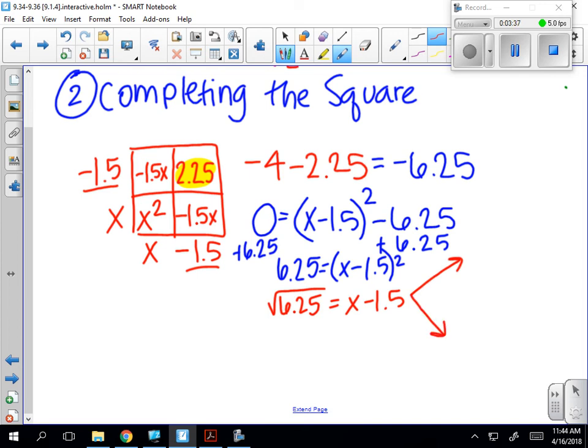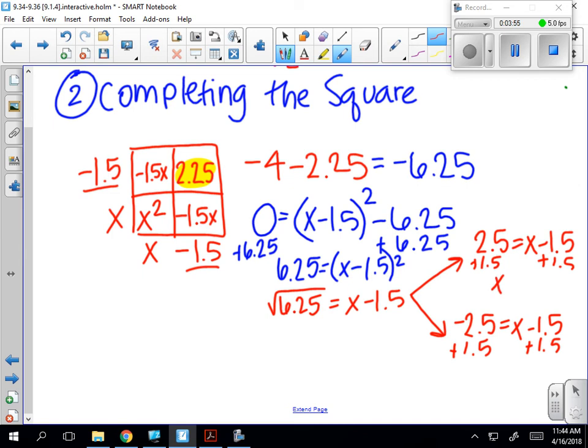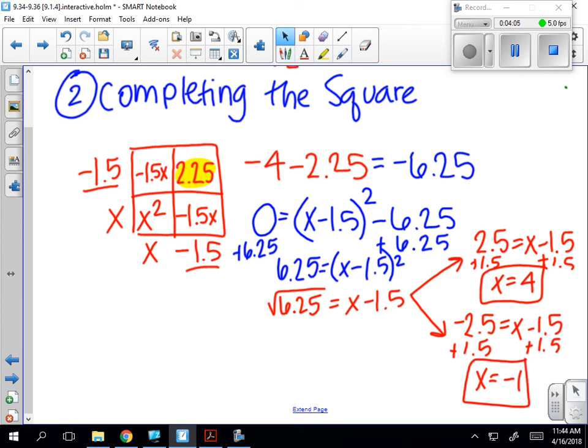So the square root of 6.25 is 2.5 and negative 2.5. And then the last step is to add 1.5 to both sides to get x by itself. So I got x equals 4 and x equals negative 1. And that is how you solve your quadratic equation using completing the square. So change it into vertex form, which is what I did here, and then solve to get x by itself.